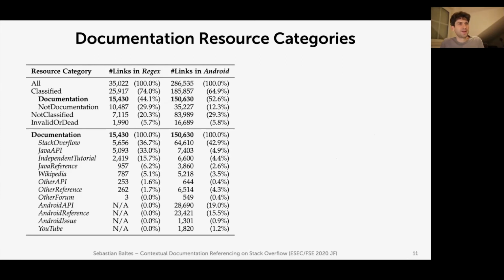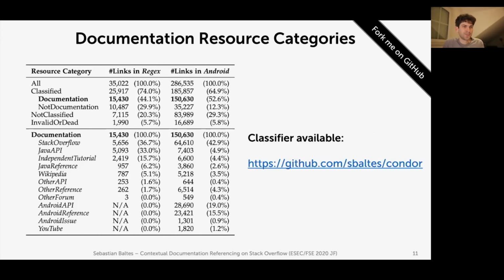So these were the documentation resource categories that our classifier was able to identify, and the classifier and the regular expressions we used for this classification are available on GitHub. You see there that one of the documentation resource categories was Stack Overflow itself. So a link on Stack Overflow can, of course, also point to other posts on Stack Overflow.